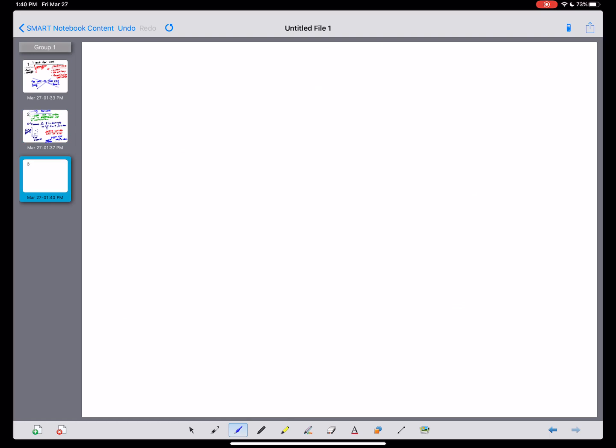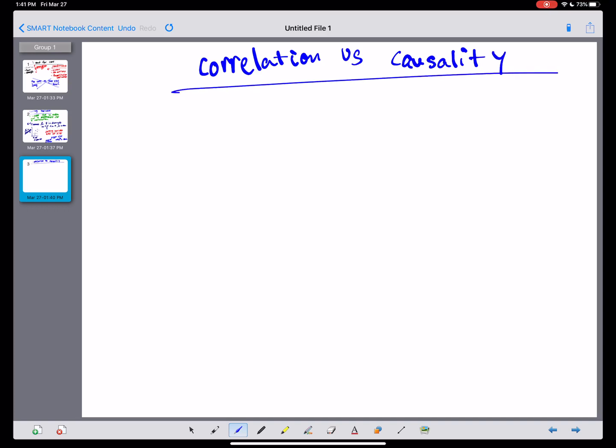The next thing I want to talk about: correlation versus causality. Correlation is talking about patterns and trends.